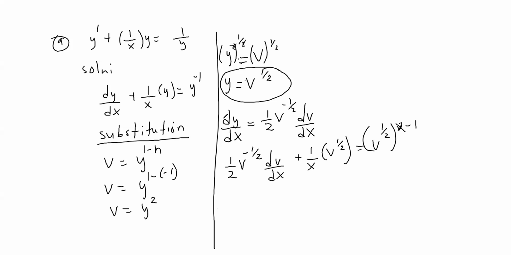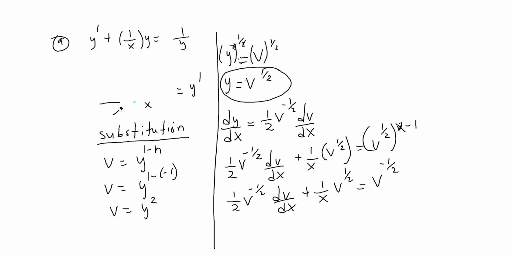So I will have 1/2 v raised to the minus 1/2 dv by dx plus 1 over x v raised to the 1/2 will be equal to negative 1 times this v raised to the negative 1/2. Okay, so I'm going to erase this side of the board to have space.